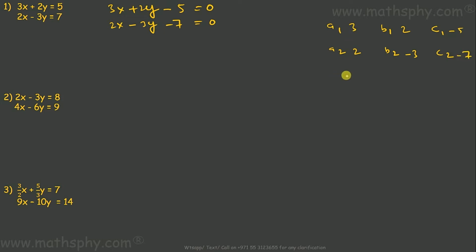So a1 over a2 is 3 over 2, b1 over b2 is 2 over negative 3, and c1 over c2 is negative 5 over negative 7. 3 over 2 is not equal to that. When a1 over a2 is not equal to b1 over b2, we don't need to check c1 over c2, because this gives me intersecting lines, meaning consistent.